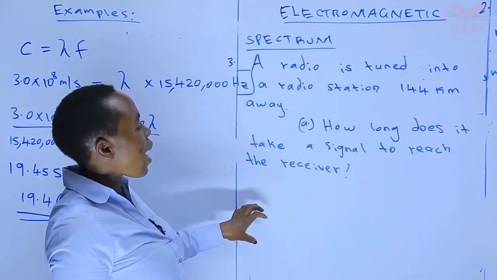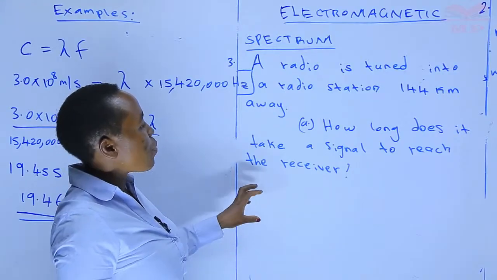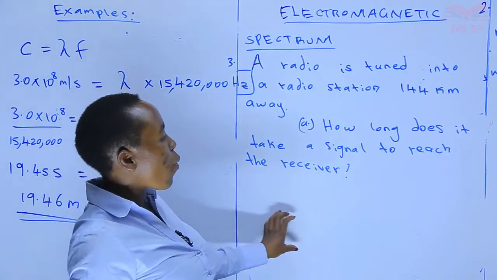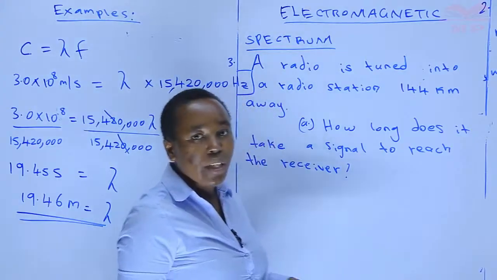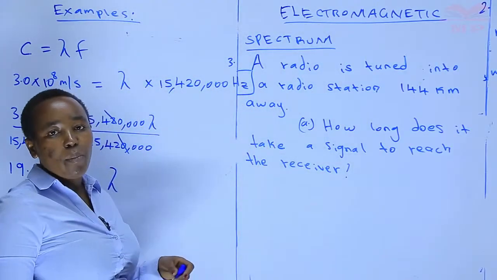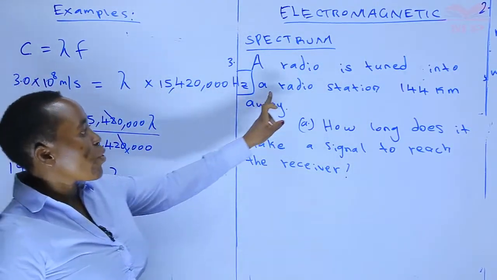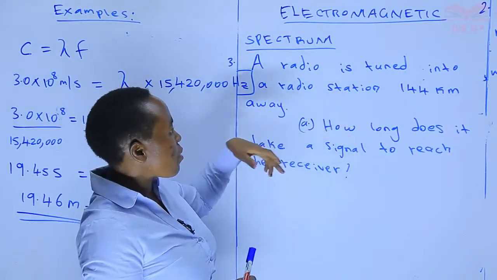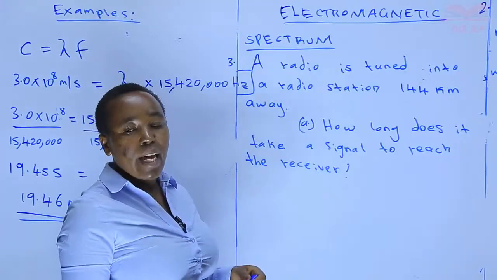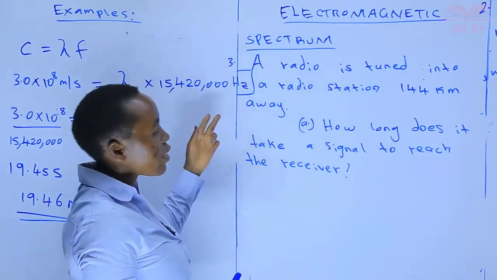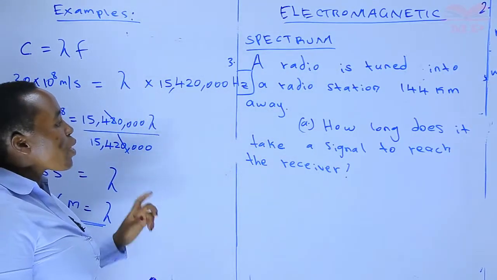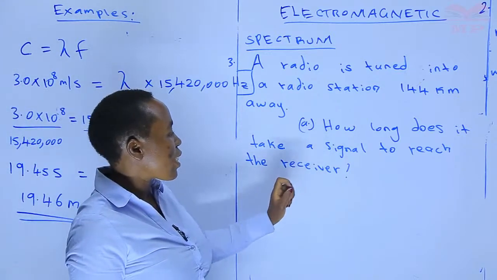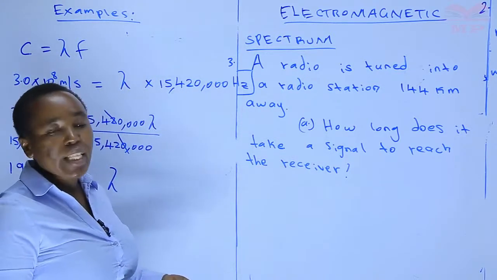So here we are having a radio which is being tuned, and it is away from the radio station that is 144 kilometers away. In this radio station, this is where the radio waves are produced. They are being transmitted, then they are received in the receiver, that's in the radio. So we are asked, how long does it take a signal to reach the receiver?